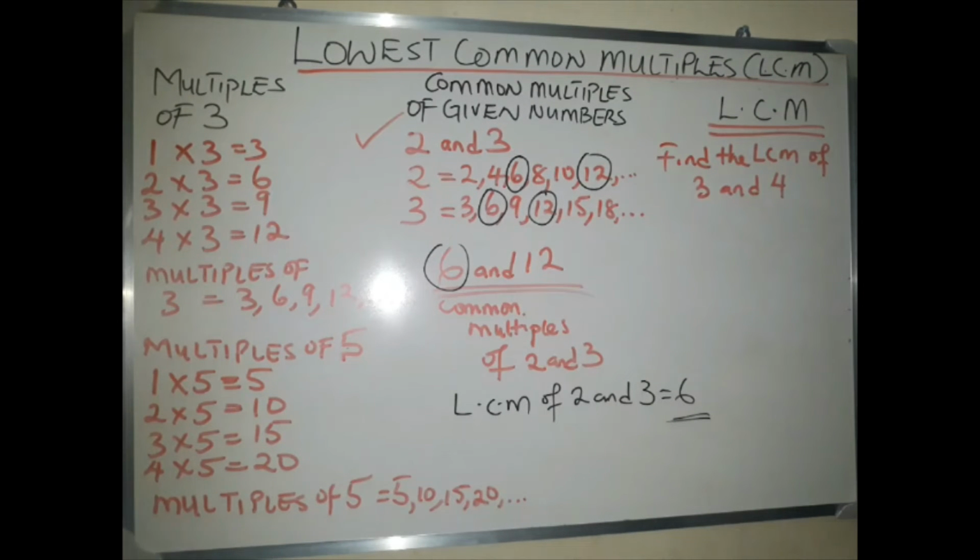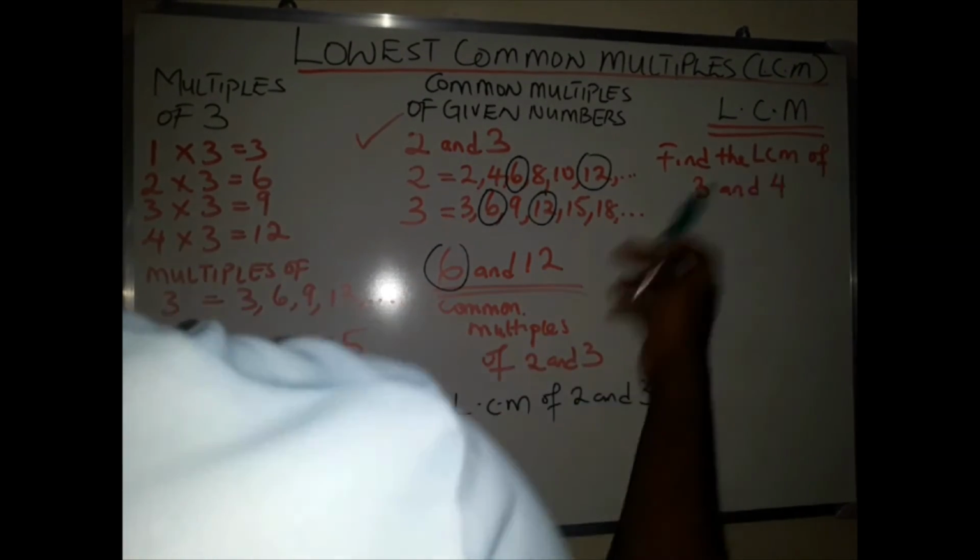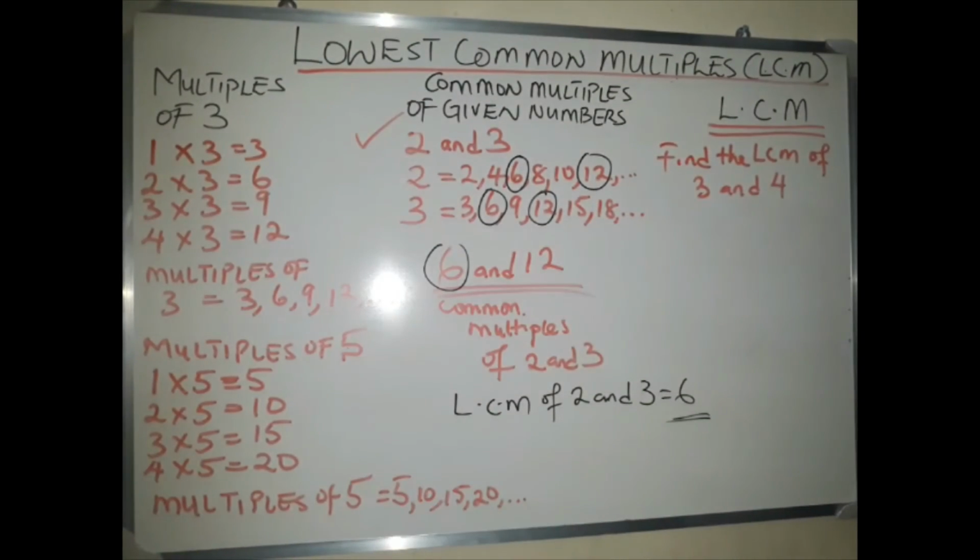This other method involves dividing these two given numbers completely by prime factors. And if you don't know what a prime factor is, I have a video on prime factors. You can go and watch that video and get more understanding on it.